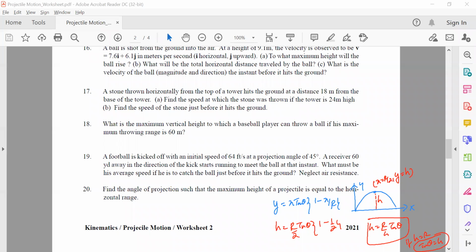So it should be tan inverse 4. So the angle of projection for this situation should be tan inverse of 4 for the condition that maximum height is equal to range. You can also get this from the formula. For maximum height and range, just use that formula.